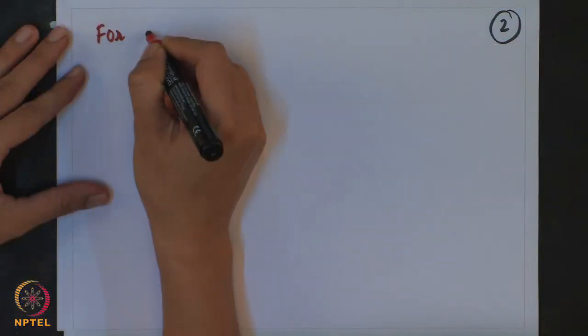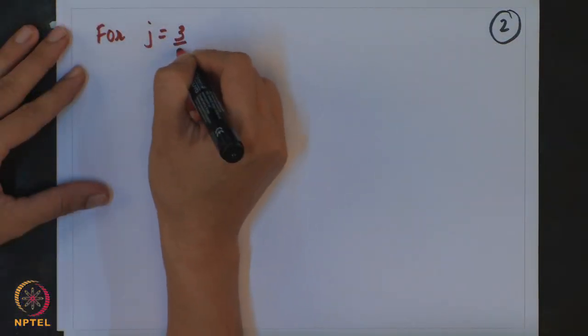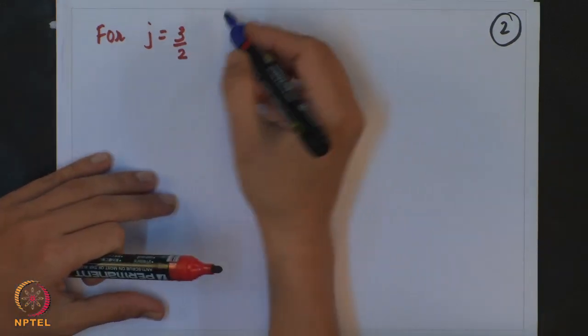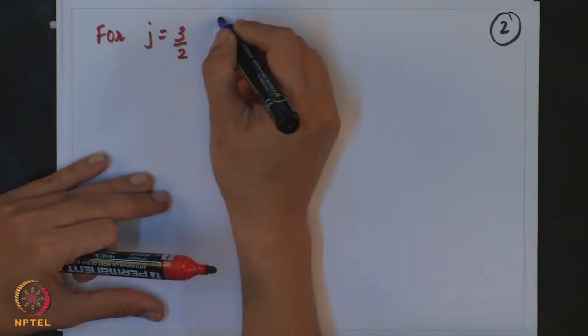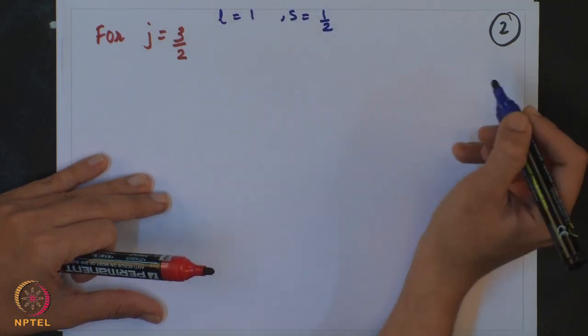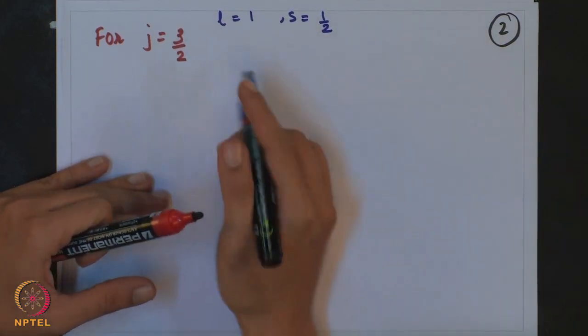Okay. So, let us write down explicitly. For J is equal to 3 by 2, we are using L is equal to 1, S is equal to half, okay, we are using this.